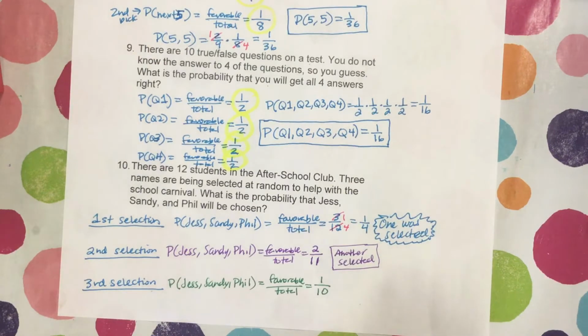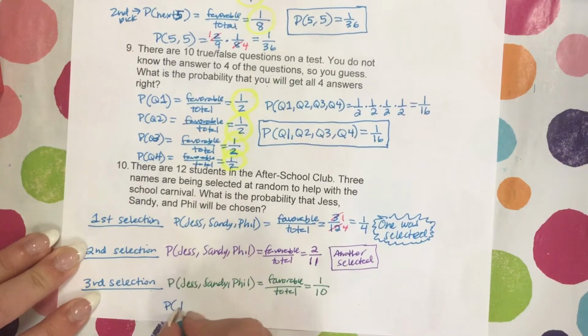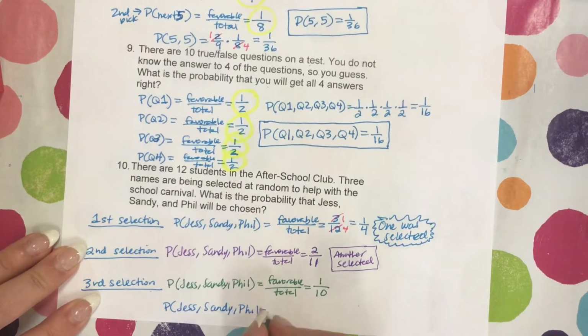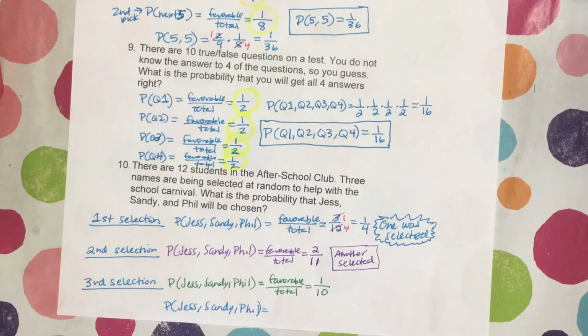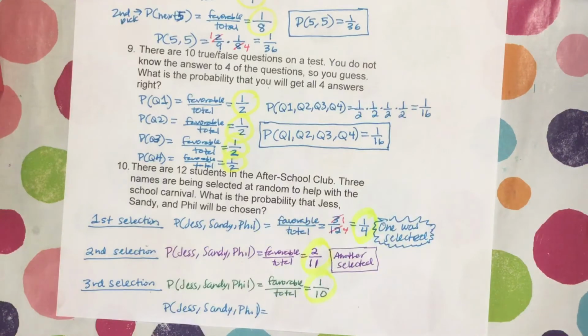Okay, so now we're actually ready to go ahead and figure out what that probability is. So the probability of Jess, Sandy, and Phil all being selected, you just take all of those probabilities and multiply them together.